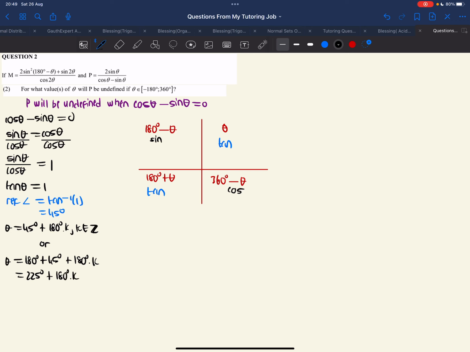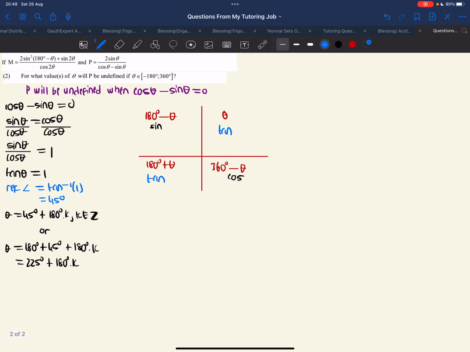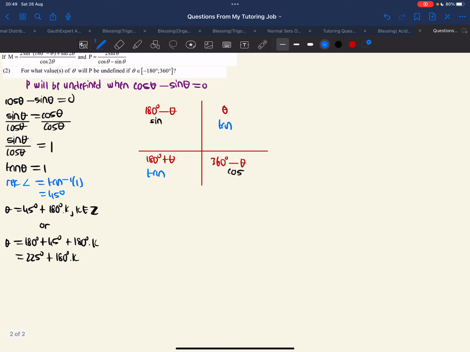All right, now to find those values which are between the interval minus 180 to 360, seeing that they start from the negative side to the positive side, what we can do is let k equal minus 1.